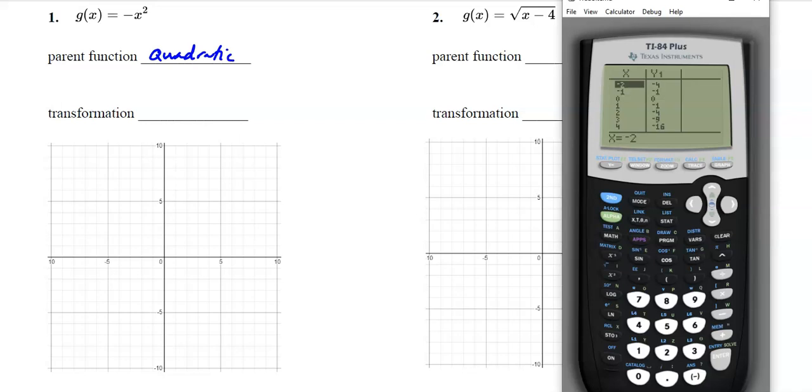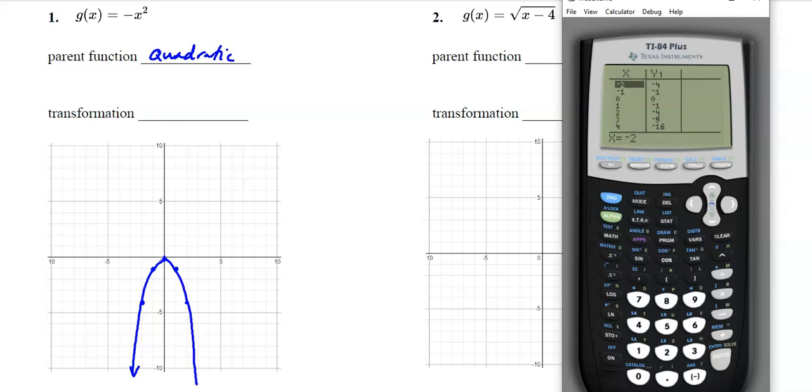So I have negative 2, comma negative 4. So left 2, down 4, right there. And I have negative 1, negative 1. Then I have 0, 0. Then we have 1, negative 1. 2, negative 4. And I could do some more points, but I think that gives me a pretty good picture of what's going on. So it's definitely a quadratic.